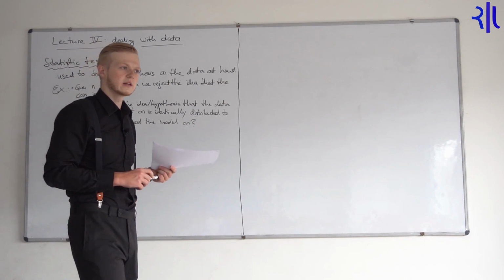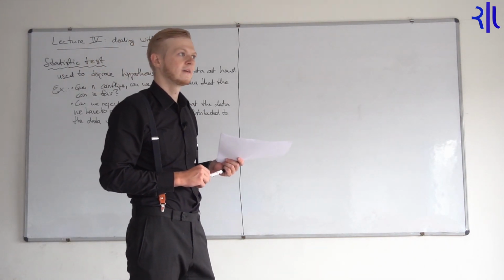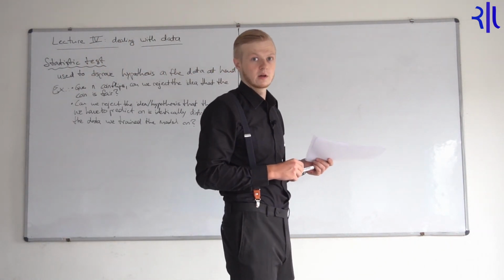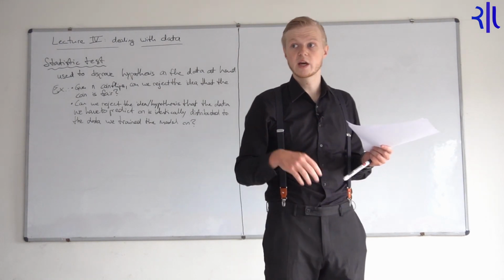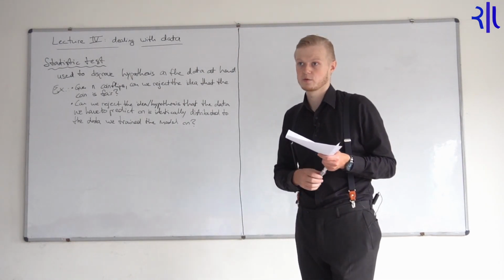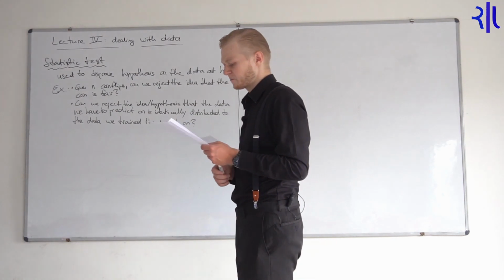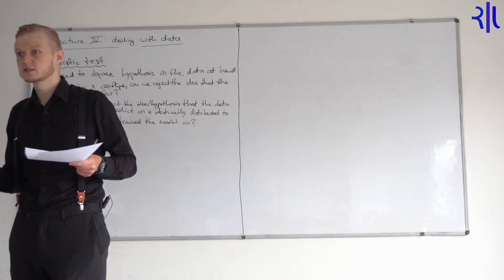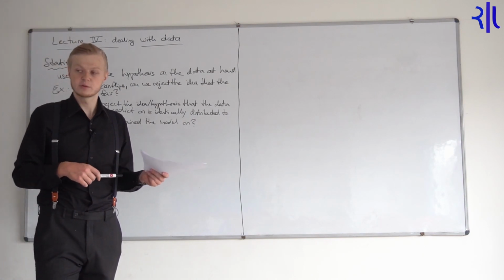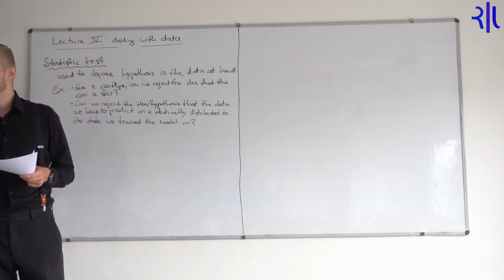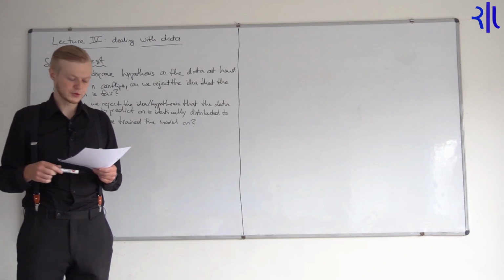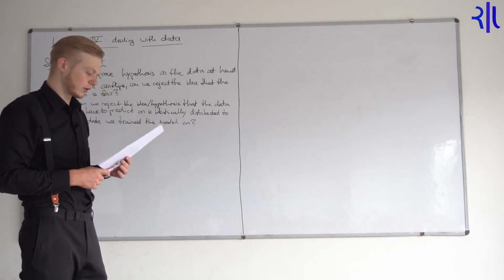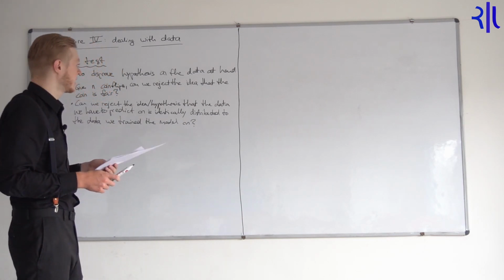So you might want to know if it is a reasonable assumption that the errors that you get are actually normally distributed. And then you would need to look up the specific tests for whether a distribution might be a normal distribution or not, and you can perform this test.